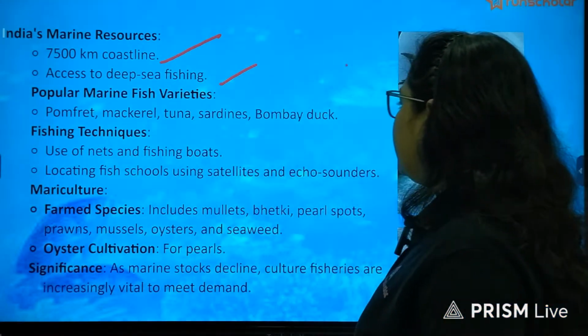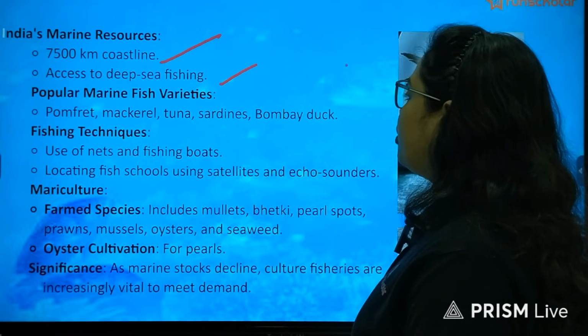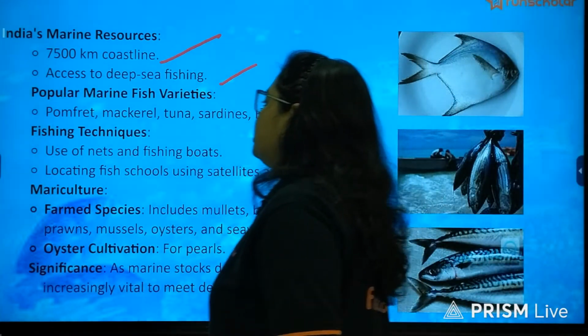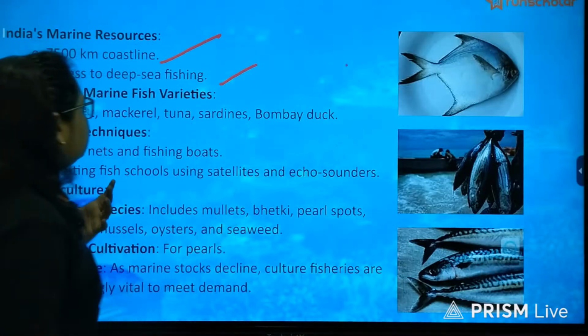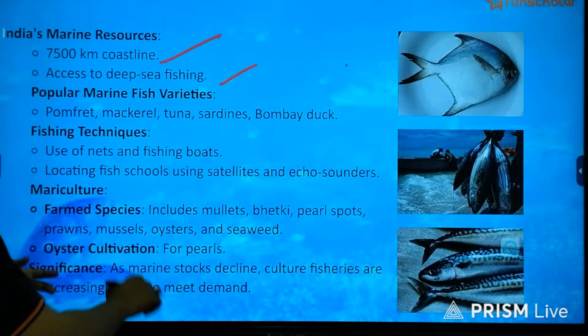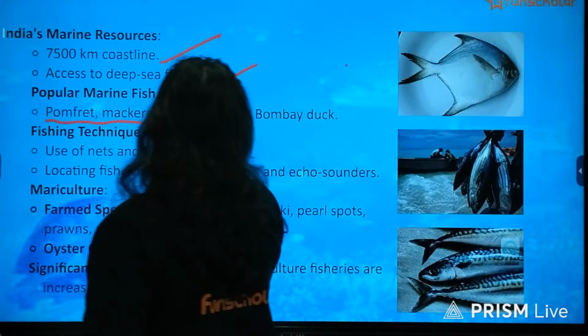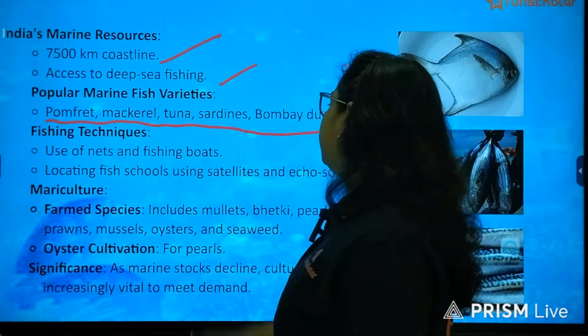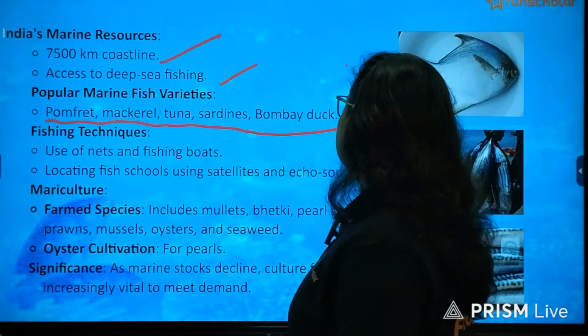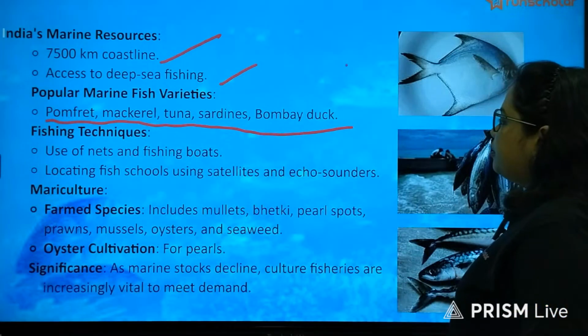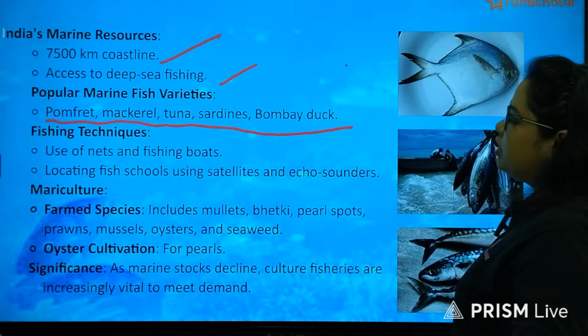The popular marine fish varieties we obtain from the sea include pomfret, mackerel, tuna, sardines and Bombay duck. So these are the types of fish that we obtain from marine water.